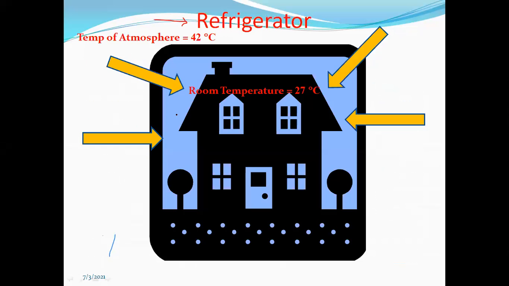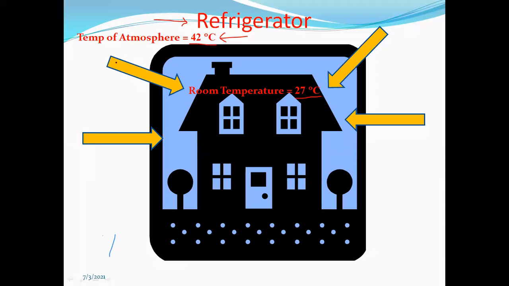Before that, it is a common observation that whenever you are in the house and the temperature of atmosphere, or temperature of surrounding to our home, is 42 degrees Celsius, and the room temperature is, for example, 27 degrees Celsius. Generally we choose room temperature as 27 degrees Celsius.